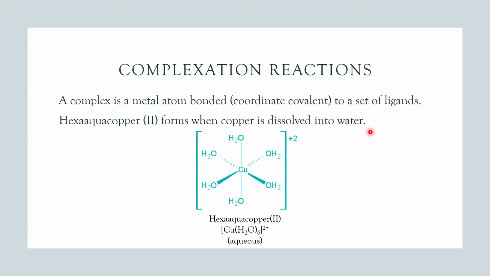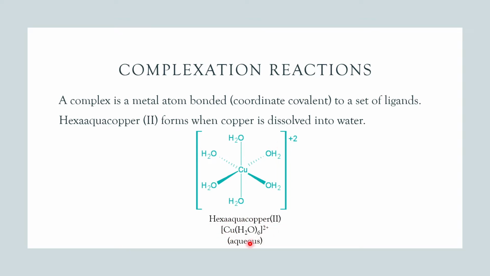Some metals, in particular transition metals, like to form these complexes and will generally do something like this, even though there may not be 6 waters, and the number of ligands may be a little bit different. But this happens a lot for transition metals when they are dissolved in water. You end up with these ligands of water surrounding it and forming some sort of charged substance. Because it's charged, it does make it aqueous as well.